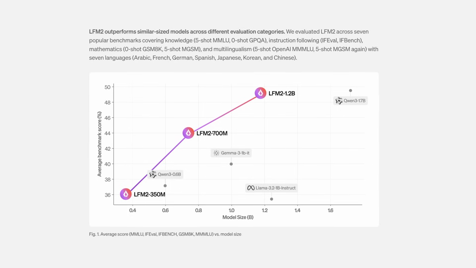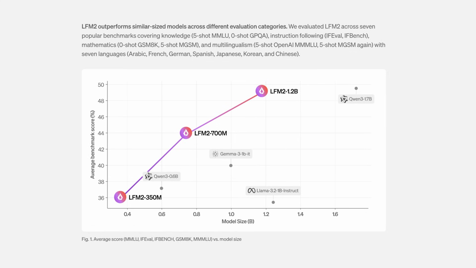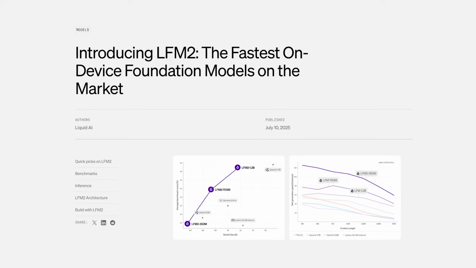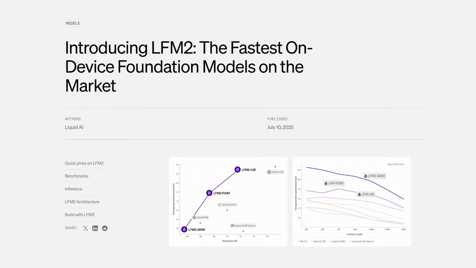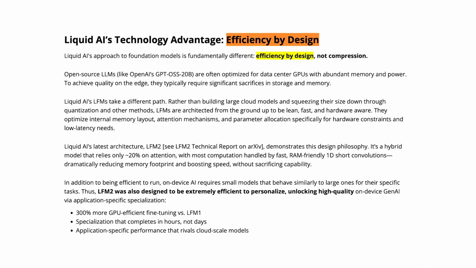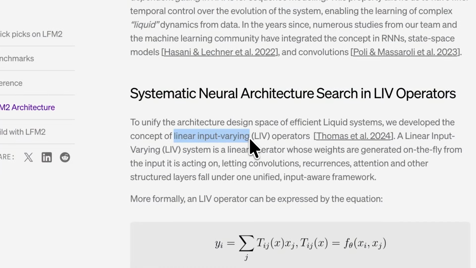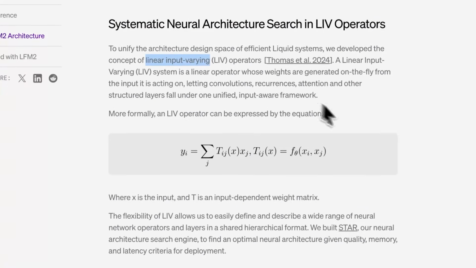Now you might wonder, how did they manage to shrink this level of intelligence into a package that fits under 1 GB of RAM? Unlike other tiny models that use pruned or compressed versions of giant cloud models, Liquid AI uses a philosophy called efficiency by design. The liquid in their name refers to their linear input varying architecture, or LIV.